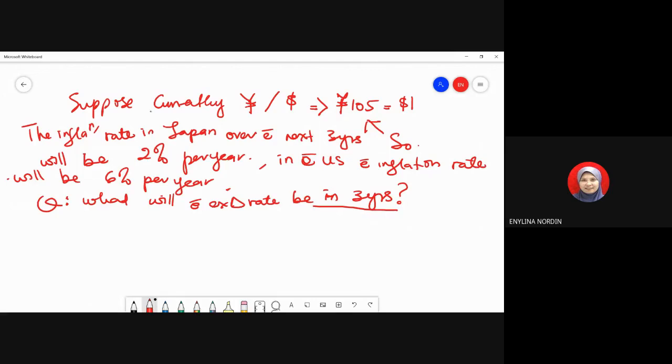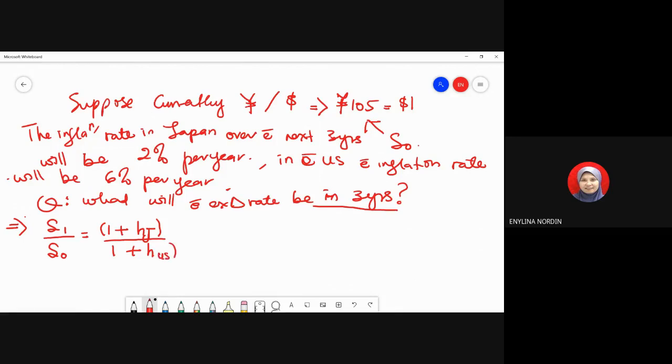So we are still using the same formula. What is the formula? Future expected spot rate divided by current spot rate equals to 1 plus inflation rate, in this case Japan, divided by 1 plus inflation rate, in this case US.